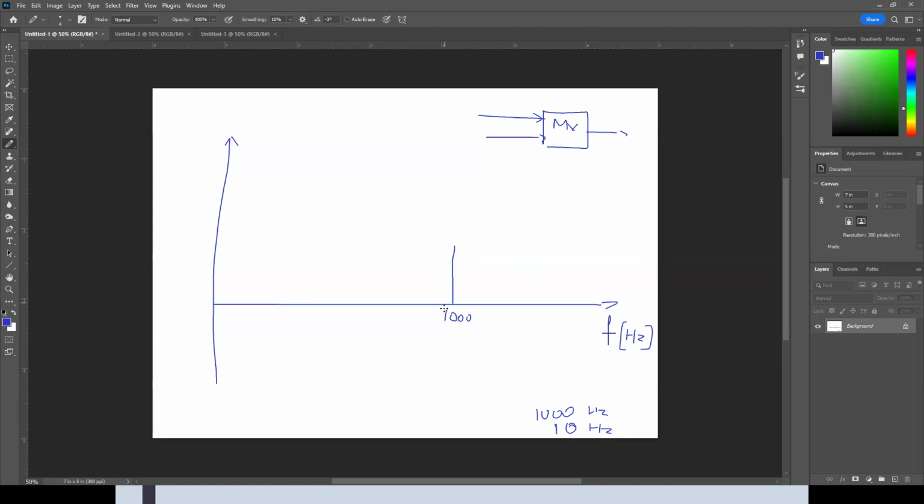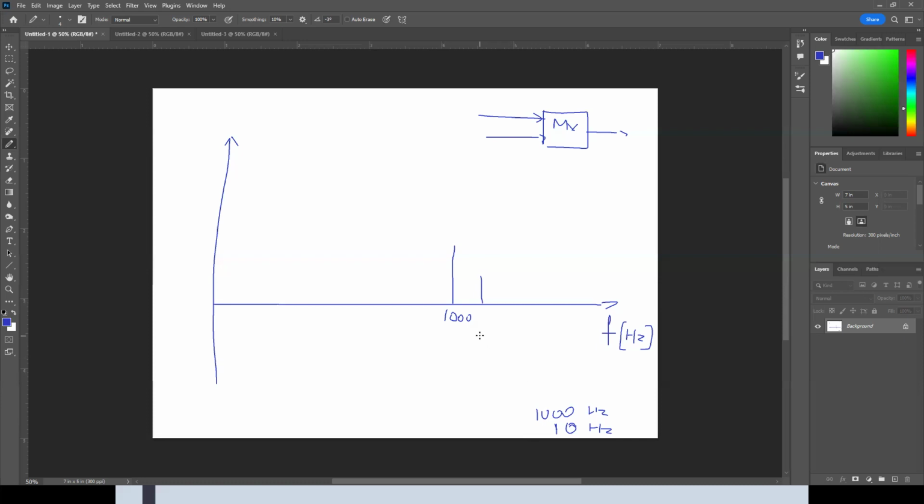Well, we're going to have some sort of a magnitude of whatever it is. Could be watts, could be volts. This doesn't matter. We're going to have that frequency present. We're going to have also the sum of those two frequencies.